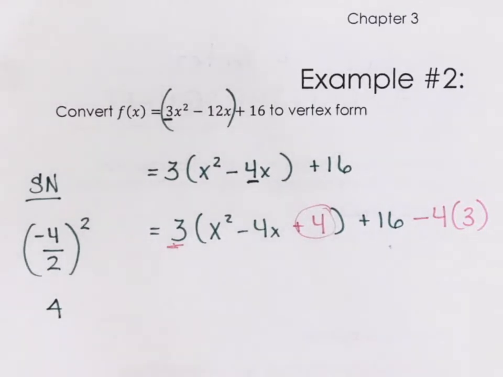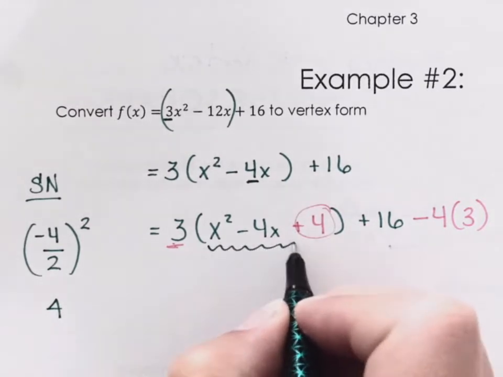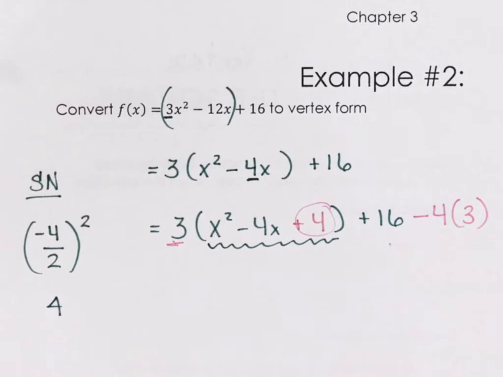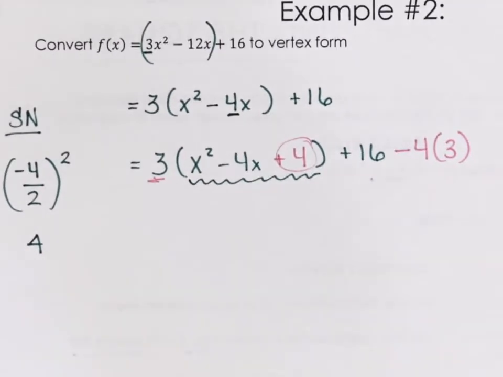Okay. So step 800 or whatever we're on, I think we're on step 5. What's step 5? We got to factor this. What are the factors of positive 4 that will add up to negative 4? Negative 2 and negative 2.